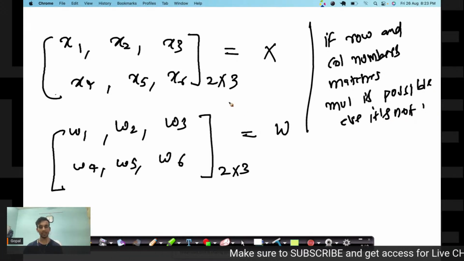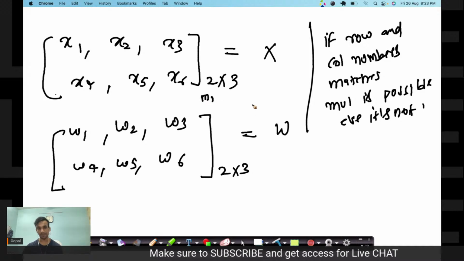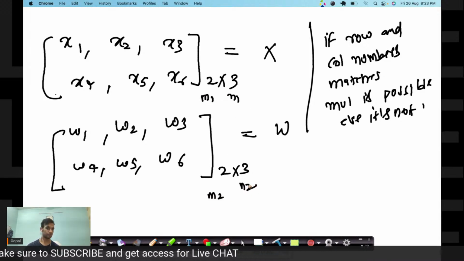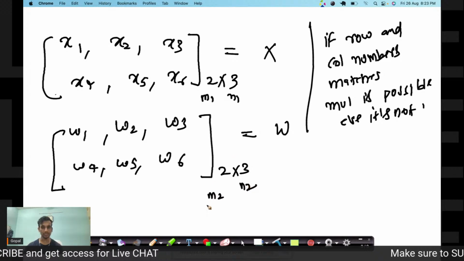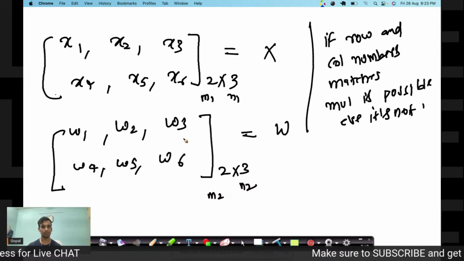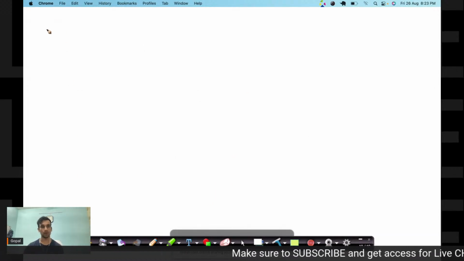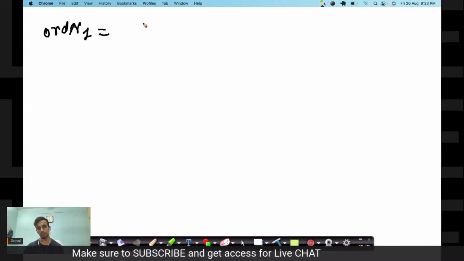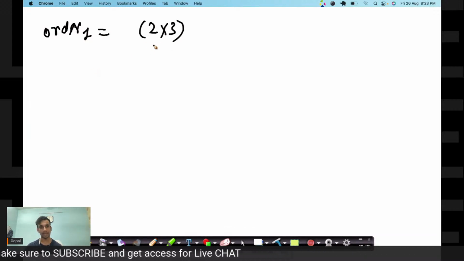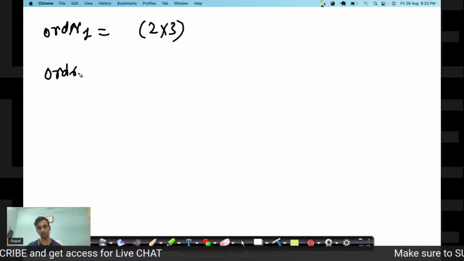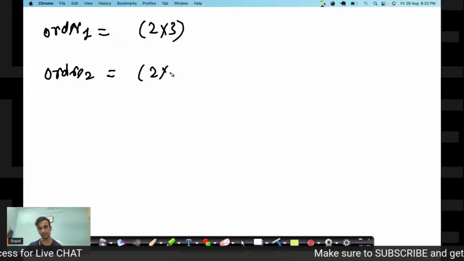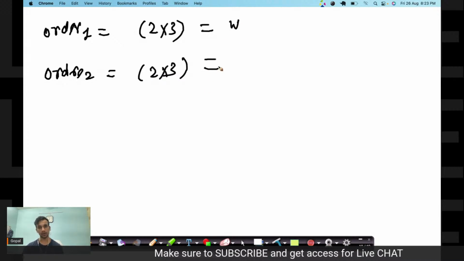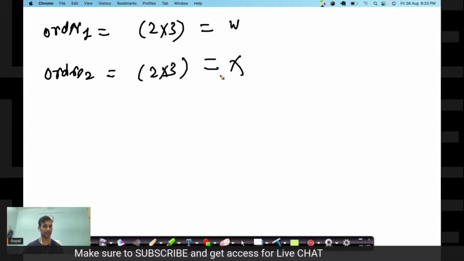Let's name these M1, N1, M2, and N2. If you notice here, 2 and 3 are not at all matching. The order for matrix 1 is 2 cross 3, M1 and N1, and even for order 2 it is 2 cross 3. This is for the weight vector, and this is for X, the feature vector.